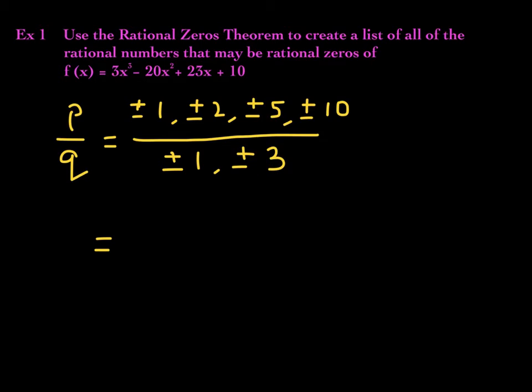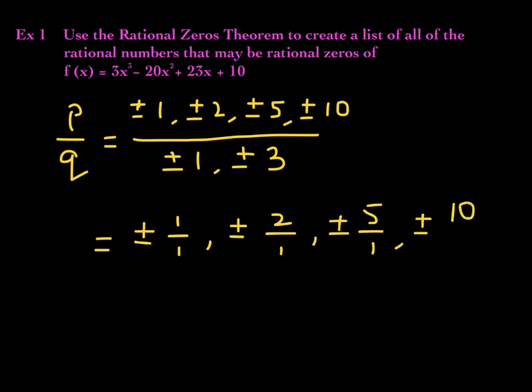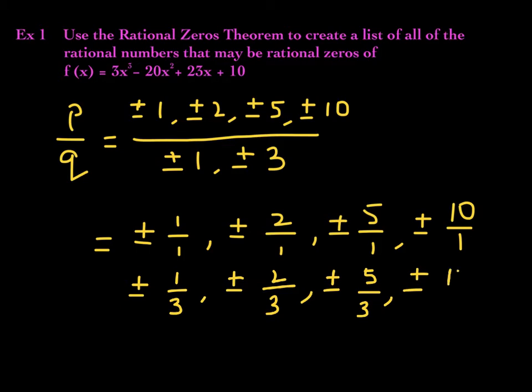So first, when I write them all over 1, I get plus or minus 1 over 1, plus or minus 2 over 1, plus or minus 5 over 1, plus or minus 10 over 1. That's just the list of the numerator factors over 1. Now I got to do all the numerator factors over 3. So plus or minus 1 over 3, plus or minus 2 over 3, plus or minus 5 over 3, finally plus or minus 10 over 3.